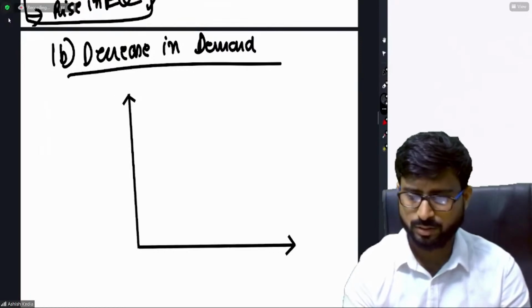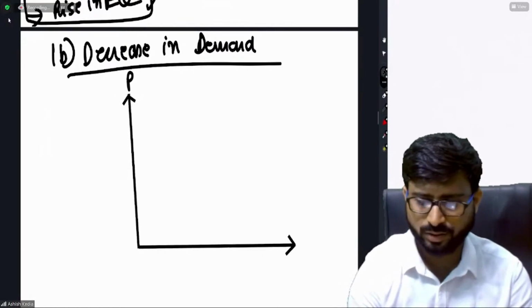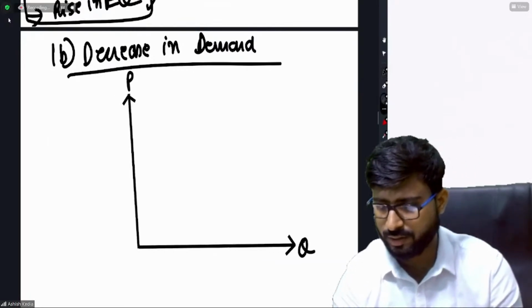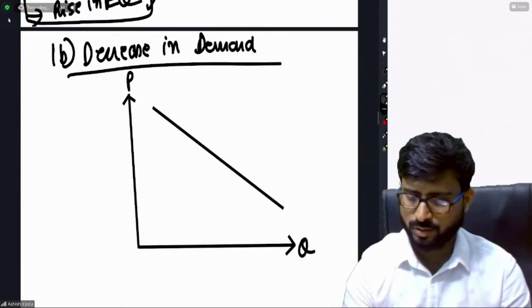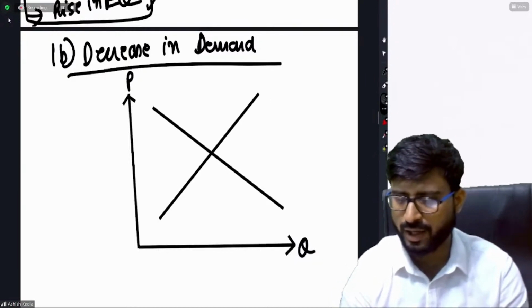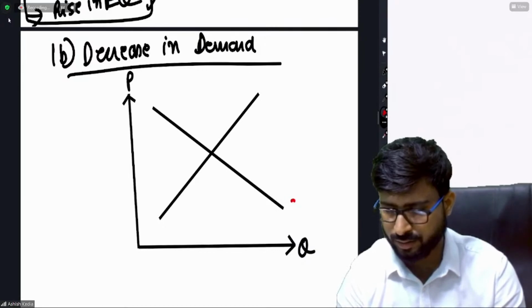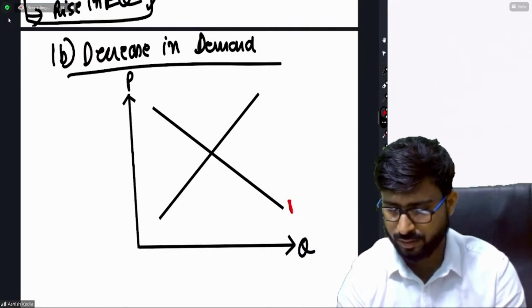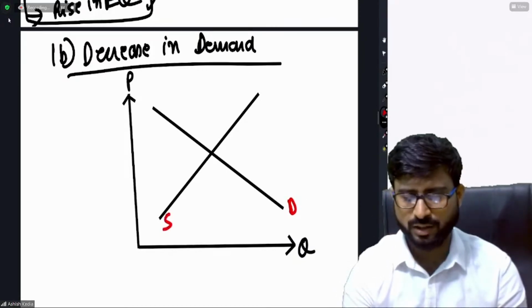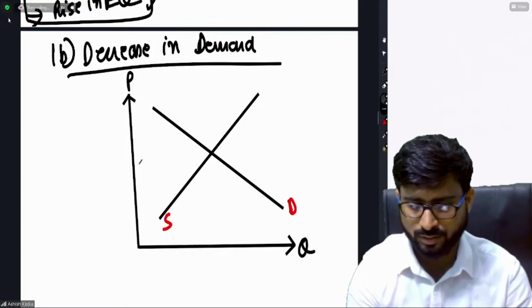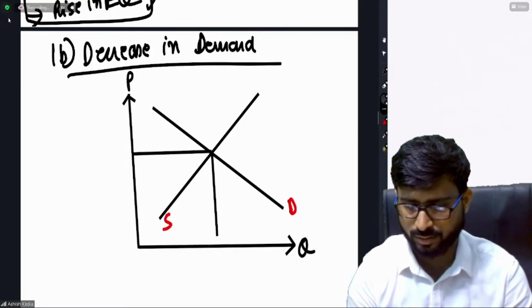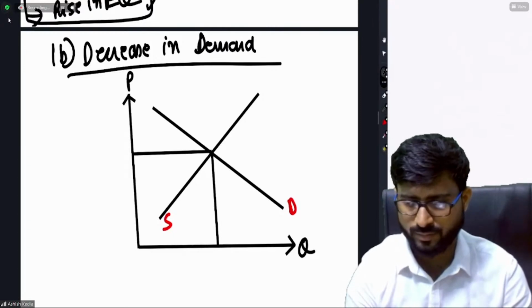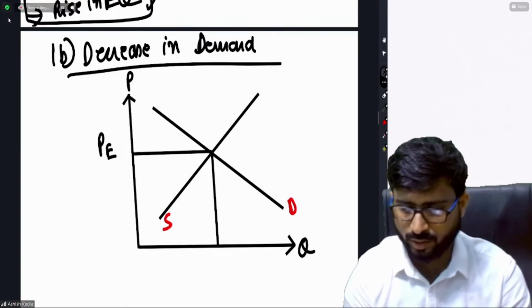Demand, supply. This is the equilibrium price.